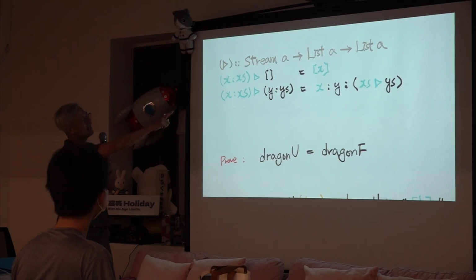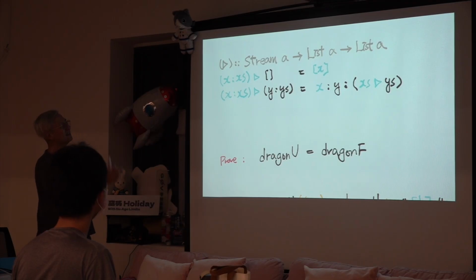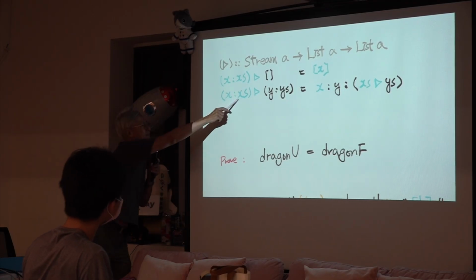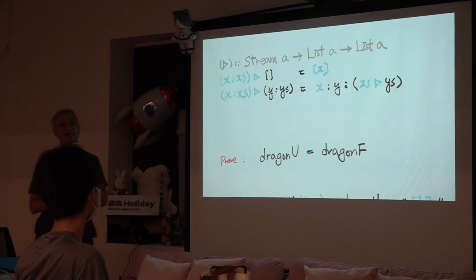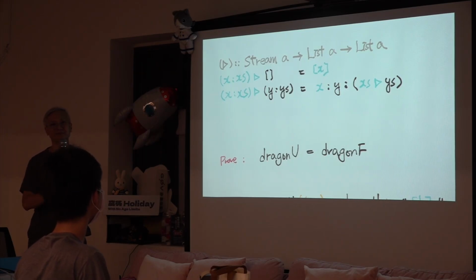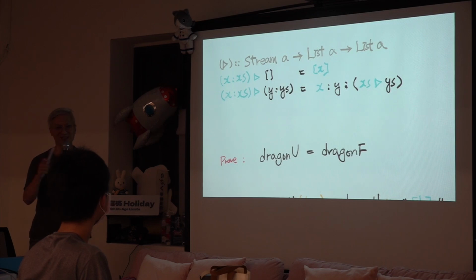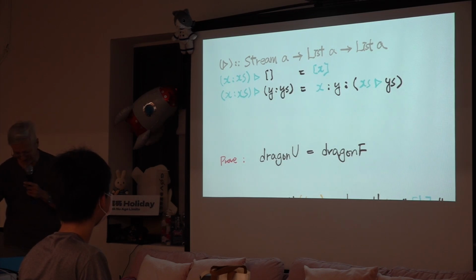I take a black thing from the right, make it the second element. And then again, interleave the rest of the blue things into the rest of the black things. Okay, that's interleave. Otherwise, okay with that? It's a typical inductive definition.